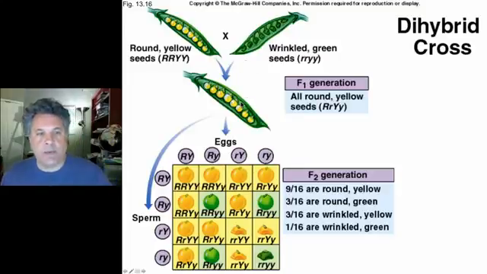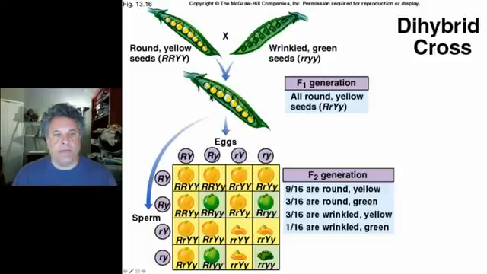And not surprisingly, the F1 show only one phenotype, as for monohybrid crosses, and that is yellow peas and round peas. So the round allele is dominant to wrinkled, and the yellow allele is dominant to green, which is what Mendel had found in his monohybrid crosses for these alleles and traits as well.